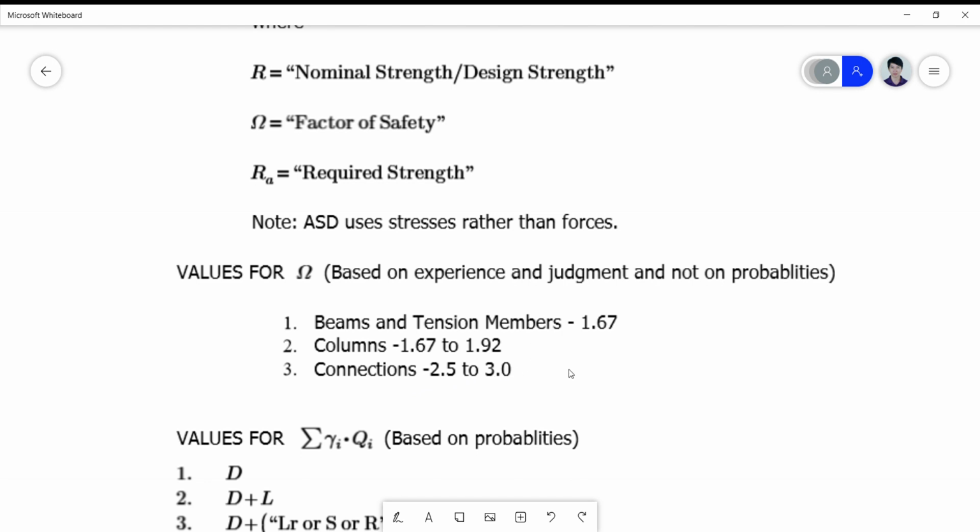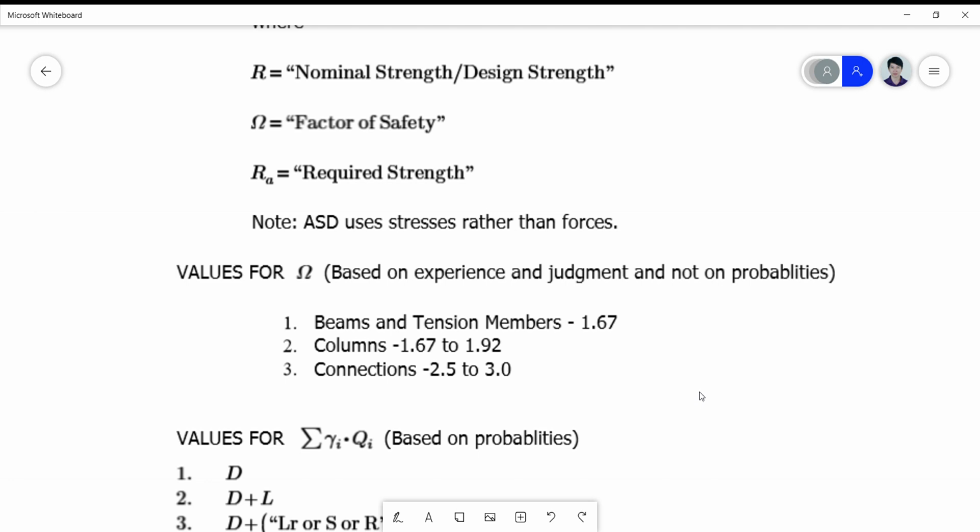So these ranges of factor of safety are again based on experience and expert opinion. No probability in its detailed form was used to validate such factors of safety.